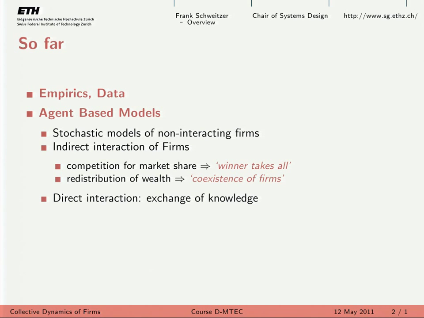So this is a nice intermediate result, but it doesn't reflect the state of an economy where we have small and big firms coexisting. So that means in the next step, we try to add assumptions about interaction that results in coexistence of firms. And we did this by 2 different models.